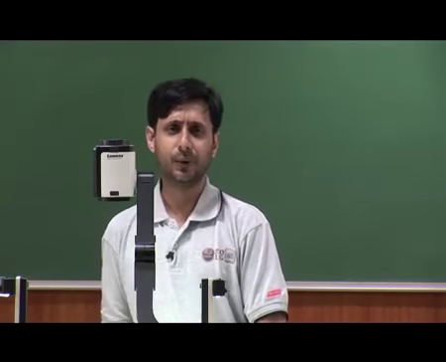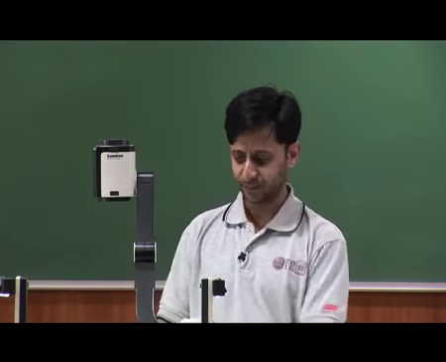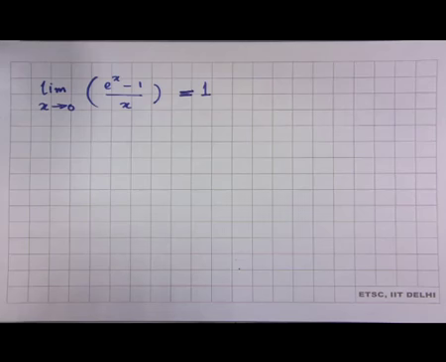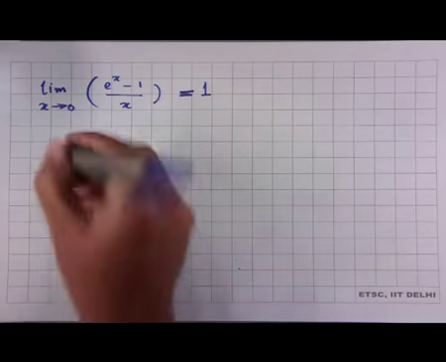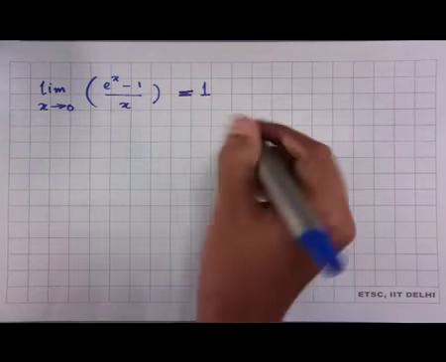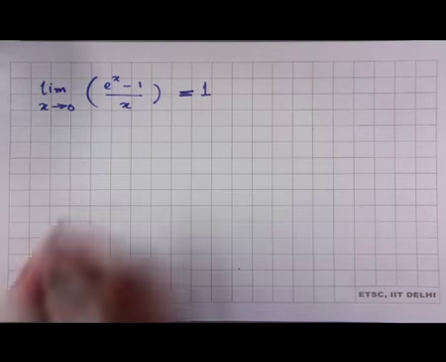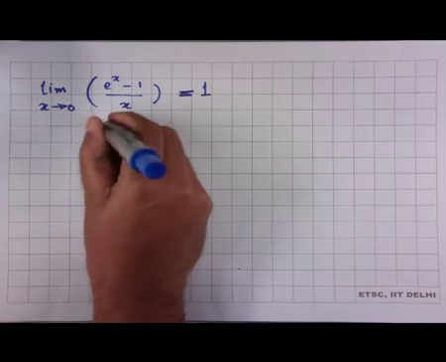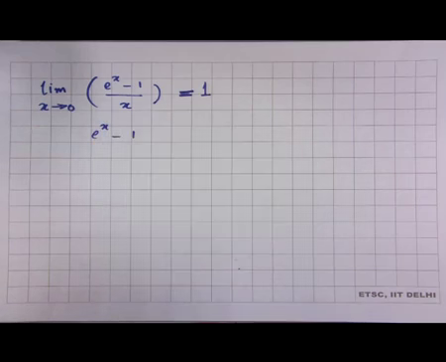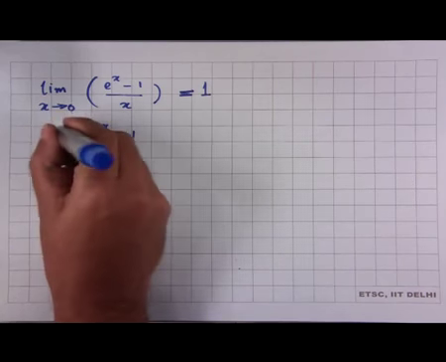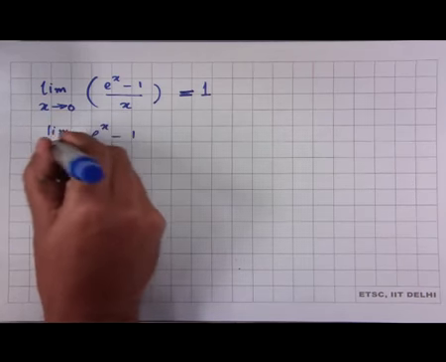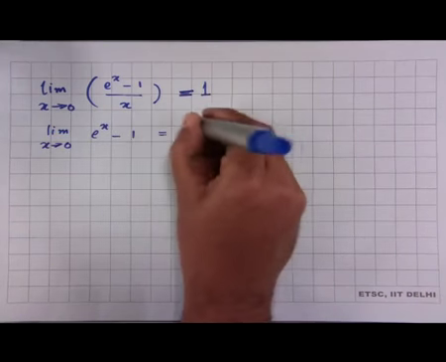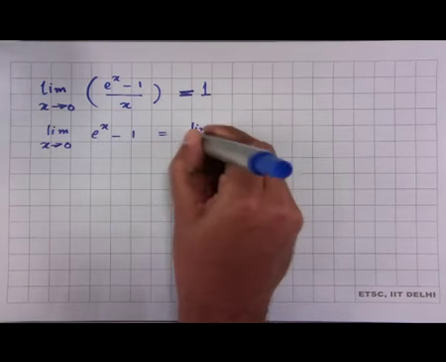If you have studied this, you can rearrange it. You multiply x on both sides, so the limit as x tends to 0 of e power x minus 1 is equal to the limit as x tends to 0 of x.